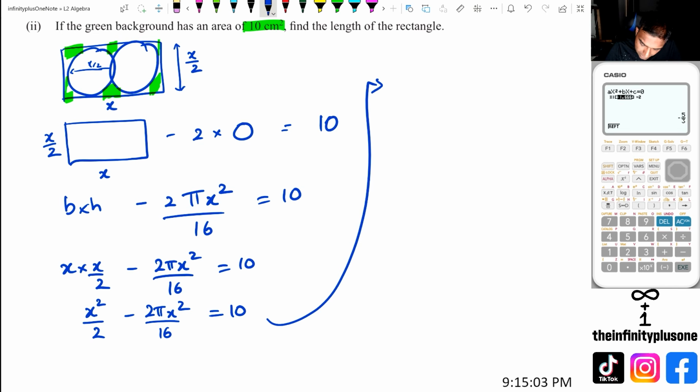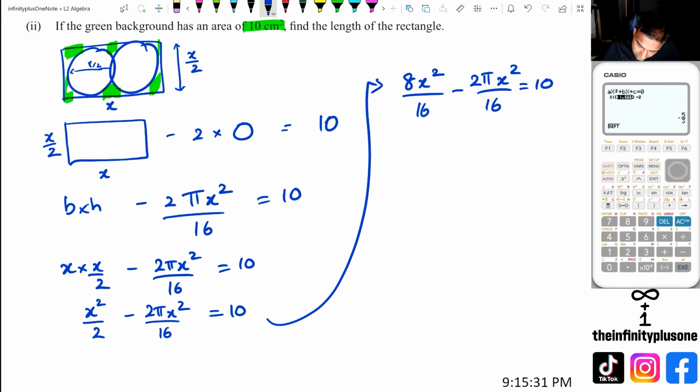And from here, I am going to start simplifying things a little bit. Because it's x squared, I'm going to write that as 8x squared. Can I do 8x squared? Just want to double check. Yeah, let's try 8x squared over 16 minus 2 pi x squared over 16 equals 10.